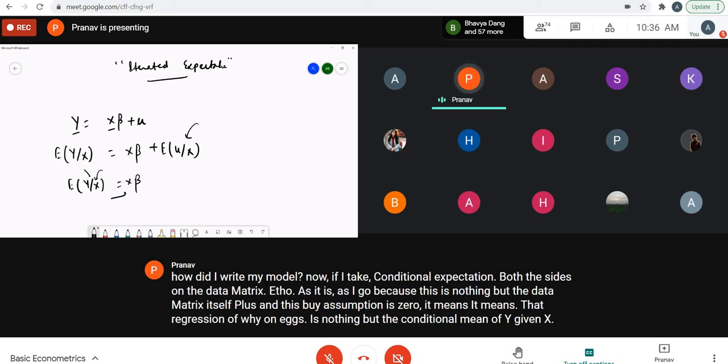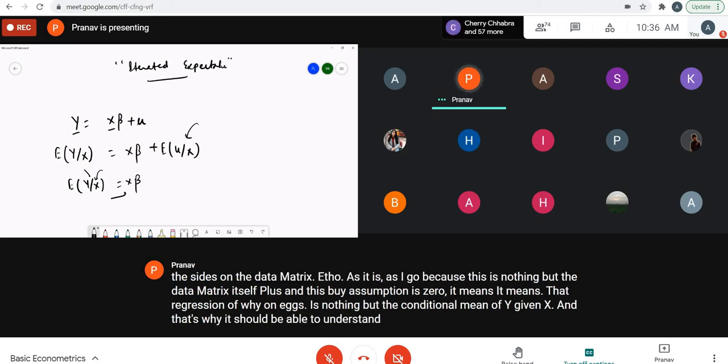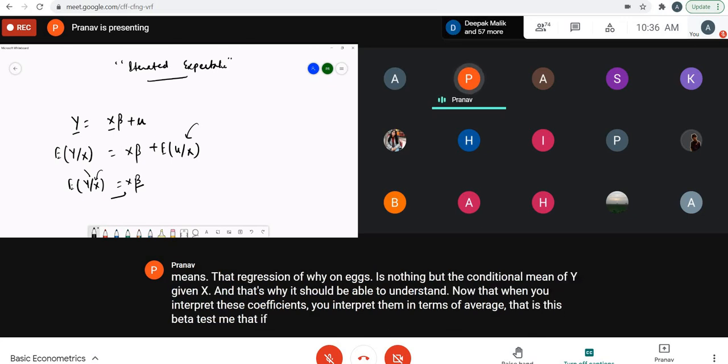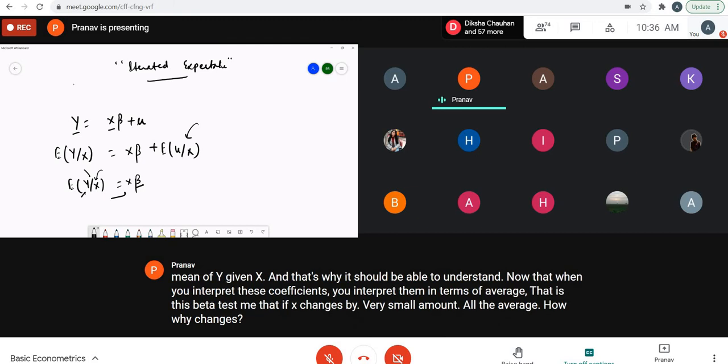And that's why you should be able to understand now that when you interpret these coefficients, you interpret them in terms of averages. That is, this beta tells me that if x changes by a very small amount, on average, how y changes. And that on-average interpretation comes from this conditional expectation part.